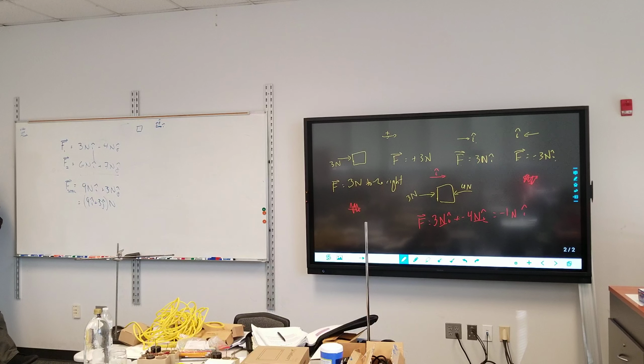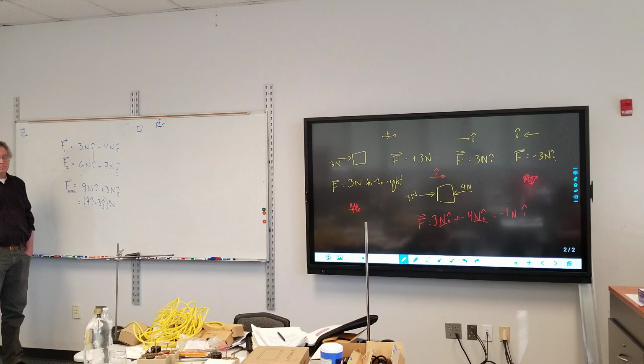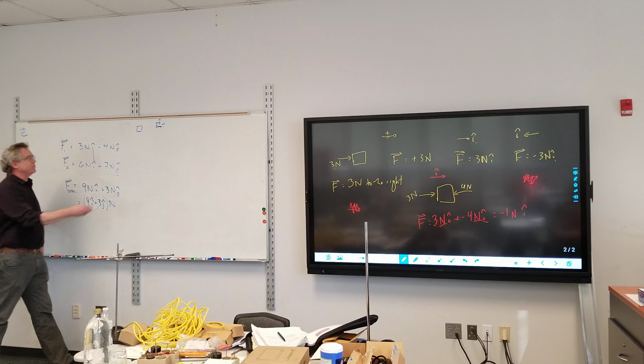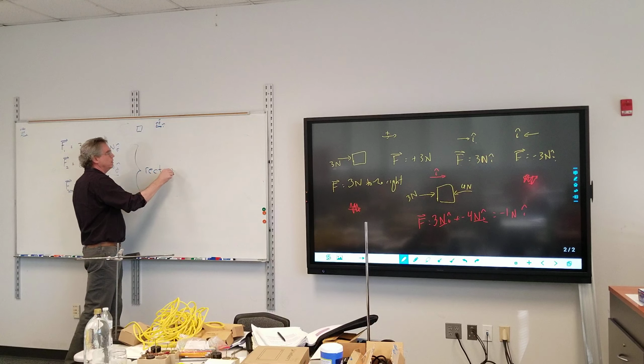Now, I mentioned trig not too long ago, and you might be going, wait a second, where's the trig? Don't worry, it's coming. Perhaps not today, but it's coming. Now, this I hat, J hat, perpendicular to each other, this is known as rectangular notation.